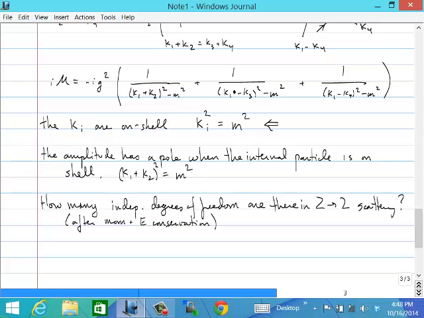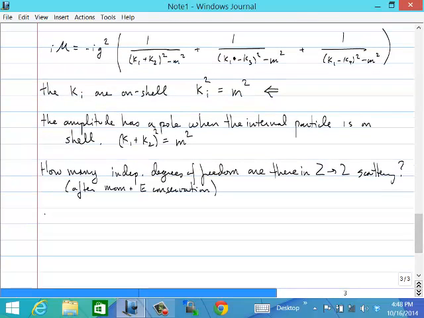So in order to understand this, let's just imagine that we're in the center of mass frame. Okay. That's the frame where the two initial particles have equal and opposite momenta.